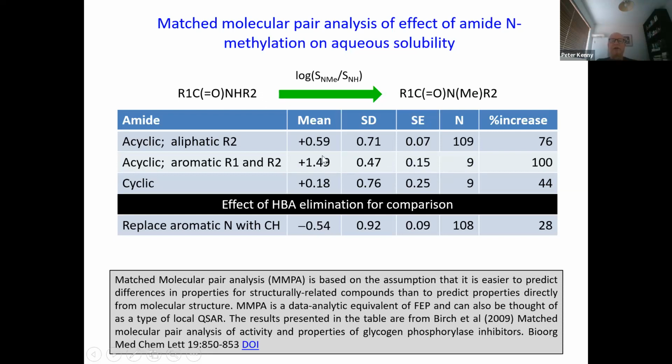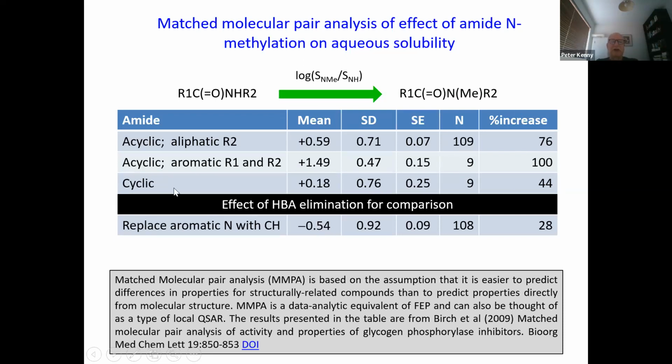The reason for this is that you've got the same effect as with the aliphatic amides, but when you methylate an aromatic amide, an anilide effectively, you also invert the cis-trans preference of the amide. So again, you're getting a conformational effect. It is the sum of this effect plus the flipped conformational preference of the amide. For these 9 pairs, basically all of them show an increase in aqueous solubility.